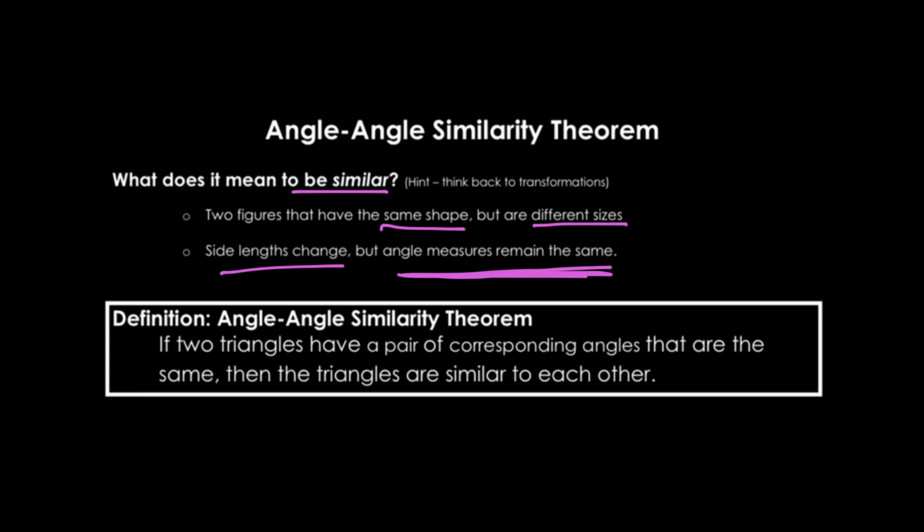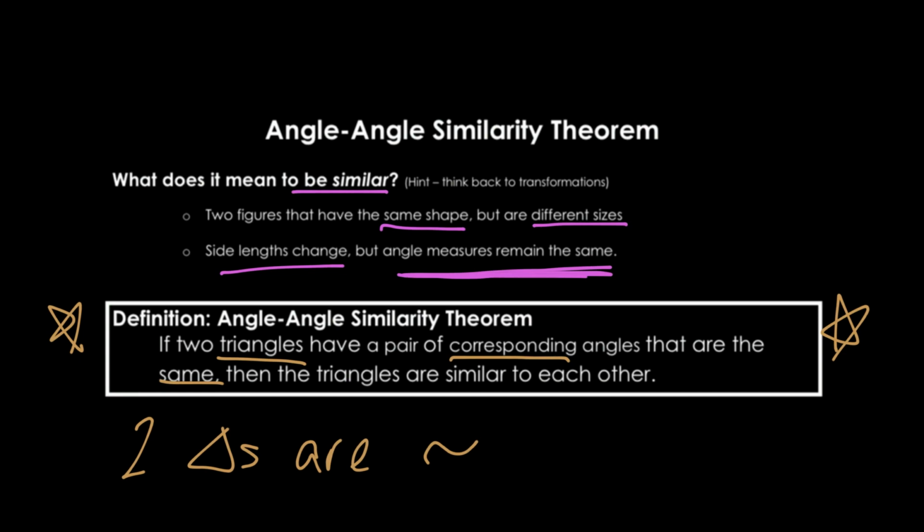When we use the Angle Angle Similarity Theorem, we are specifically working with triangles. So if two triangles have a pair of corresponding or matching angles that are the same, then the triangles are similar to one another. In order to show that two triangles are similar, you'll see this symbol, we use it for similar.